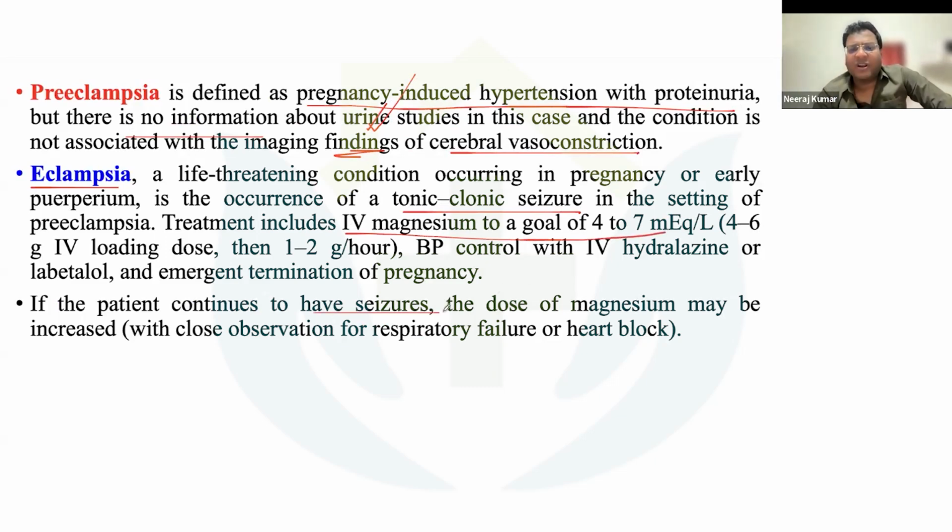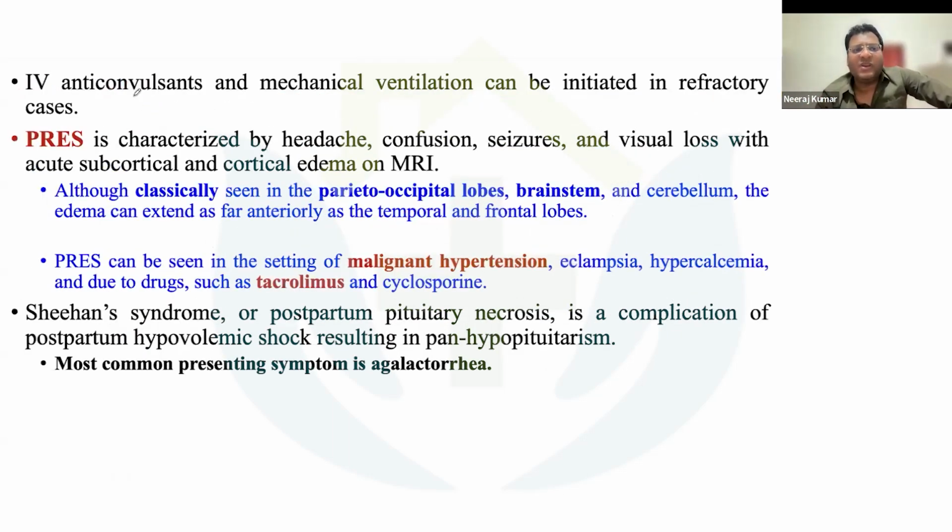If the patient continues to seize, the dose of magnesium may be increased. If 2 doses of magnesium are refractory, then you have to opt for diazepam or lorazepam, as we discussed earlier. So IV anticonvulsants and mechanical ventilation can be initiated in refractory cases.